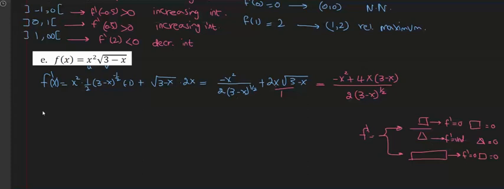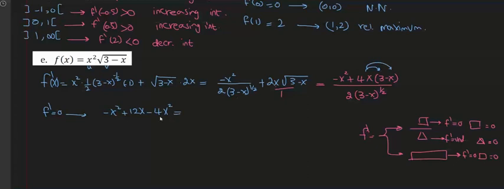So here, if f dash is equal to 0, I will take the numerator, negative x squared, and we might distribute this 4x here. So we are going to have positive 12x minus 4x squared.